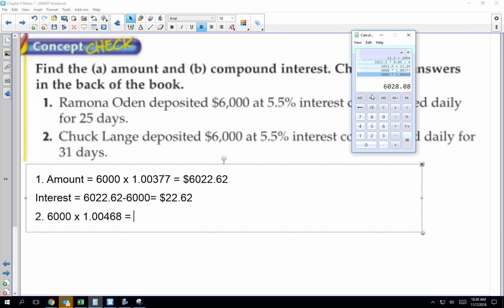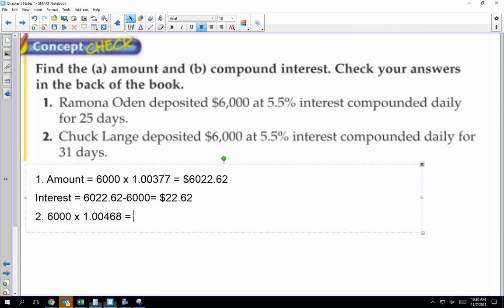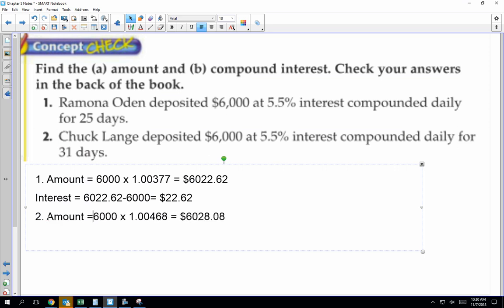And that's $6,028.08. So this was the amount in our account. And then our interest is that amount minus our original 6,000 that we put in. Easy peasy, $28.08. All right. Hopefully that makes sense to you guys.